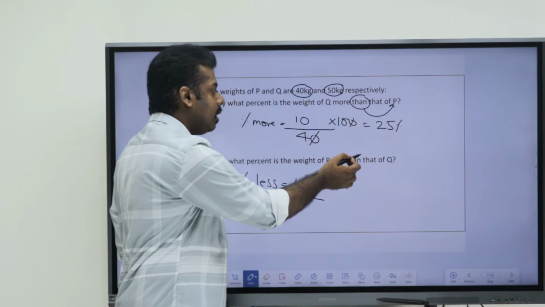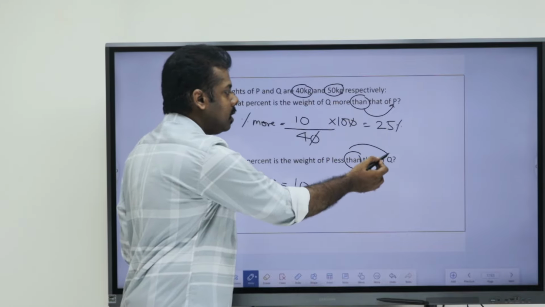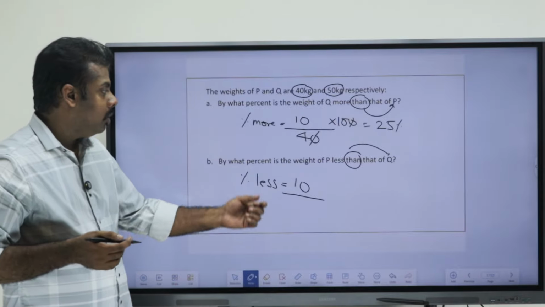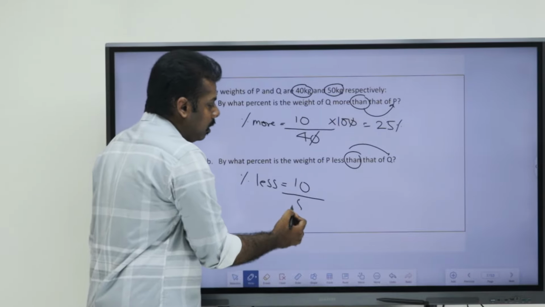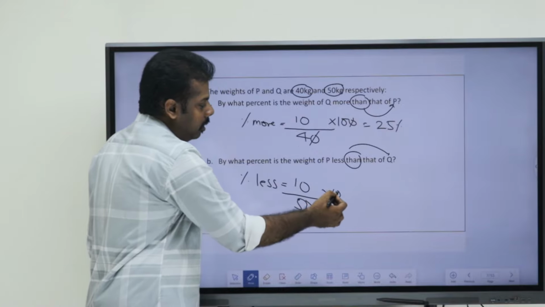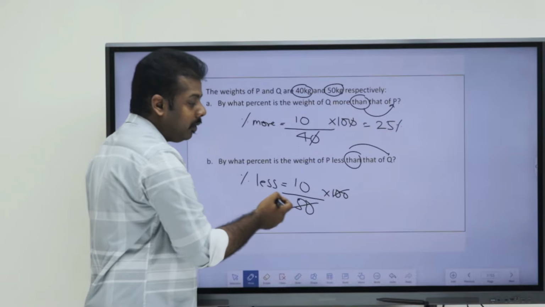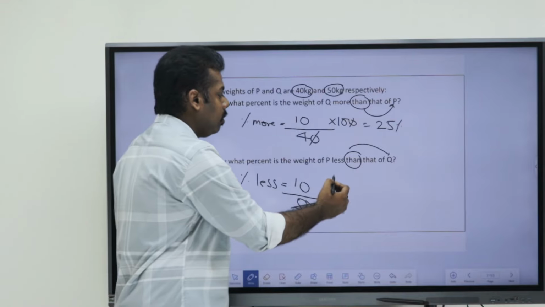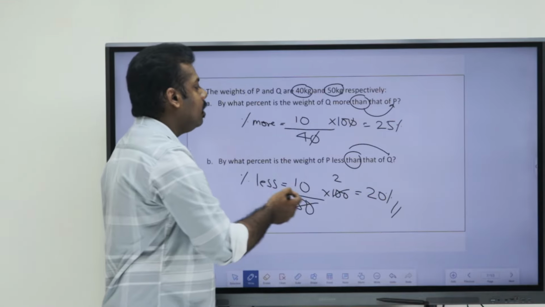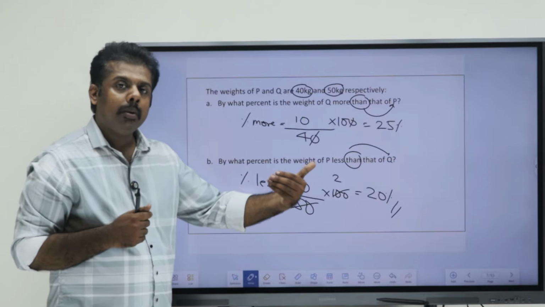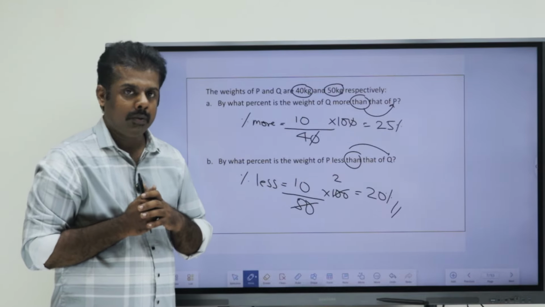The value which is said after "than", which here is Q. So take the value of Q in the denominator, that is 50, into 100. Here again cancel it directly, 50 twos are 100. So what are you getting as the answer? 20%. So we can say the weight of P is 20% less than that of Q.